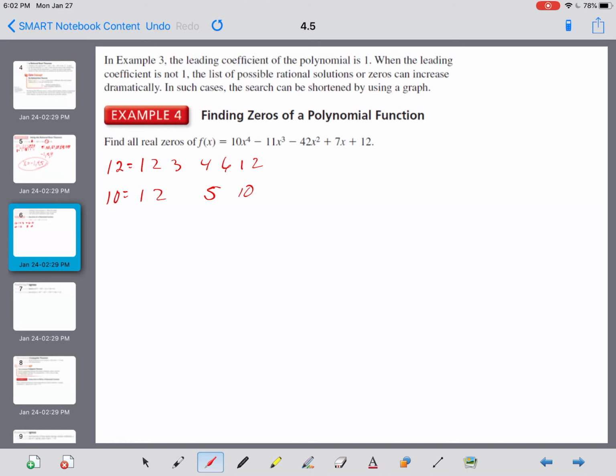Which means you've got 1 divided by 1 and 1 divided by 2 and 1 divided by 5 and 1 divided by 10, and those are all plus or minus. And then you've got 2 divided by 1, 2 divided by 2, 2 divided by 5, and 2 divided by 10.